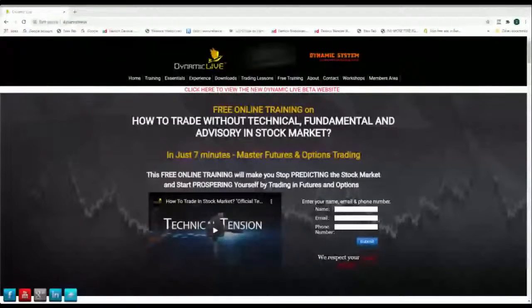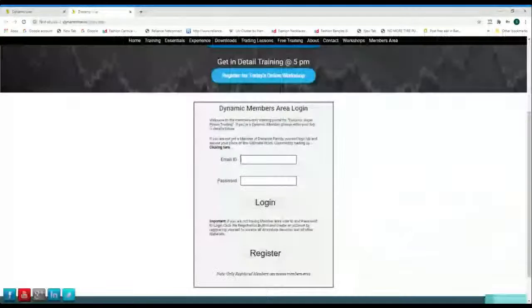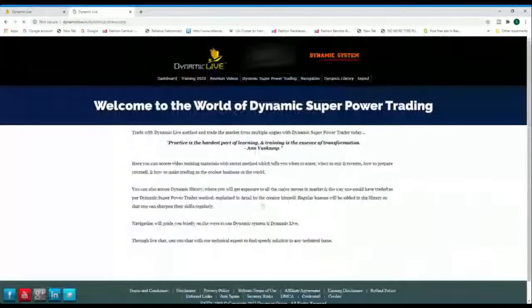In this menu, you can see it is written as members area. Just click on it. Once you have selected the members area, you just have to fill in your email ID and password. So log in using your credentials. The password will be mailed to you once you have subscribed. And once you have logged in, you can see there is a Training 2020. Just click on it.